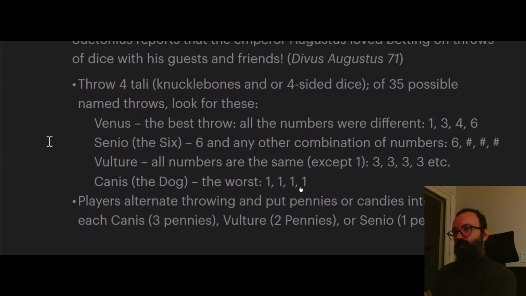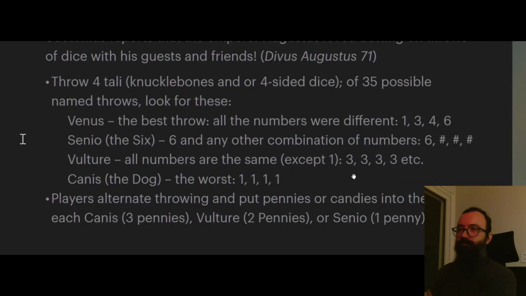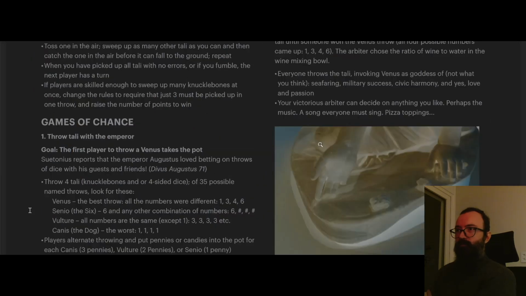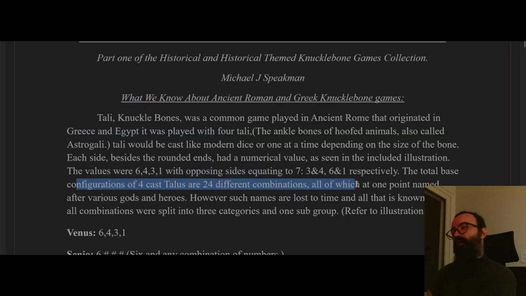So Canis is 1111, Vultur was 3333, and then Venus, the best throw, 1346. So I figured, okay, let's make this rolls. You roll 4 of these, like the Romans roll, and then your challenge rolls 4, and we'll compare.